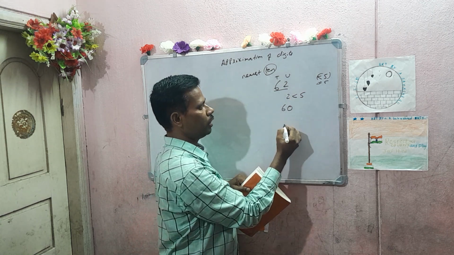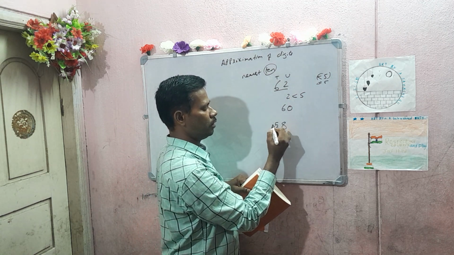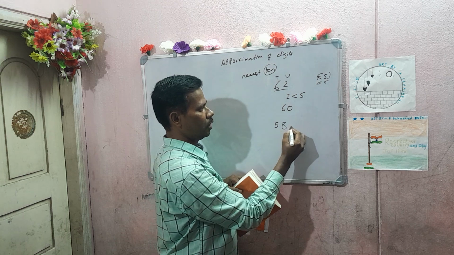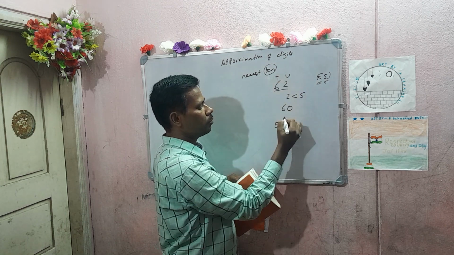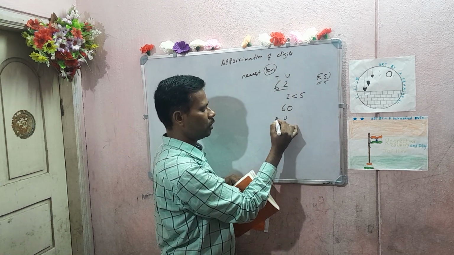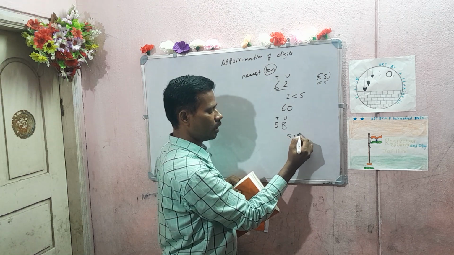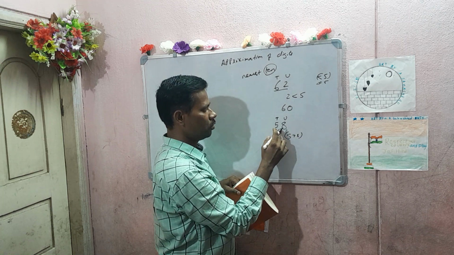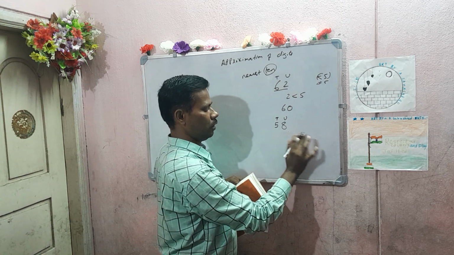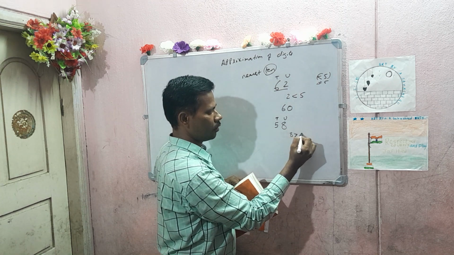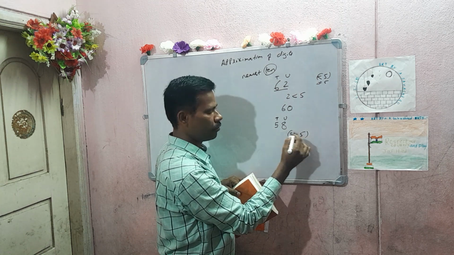Once again I will explain. Suppose 58 is there. Nearest to 10 means you have to see the units place. Units place is 8. 8 is greater than 5, right?